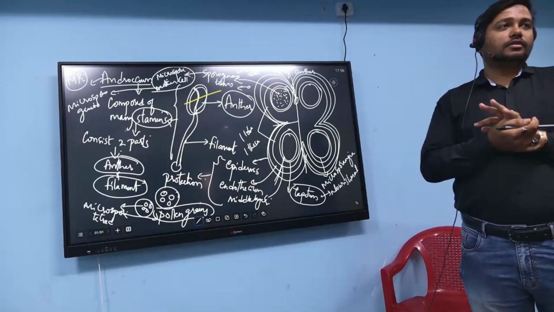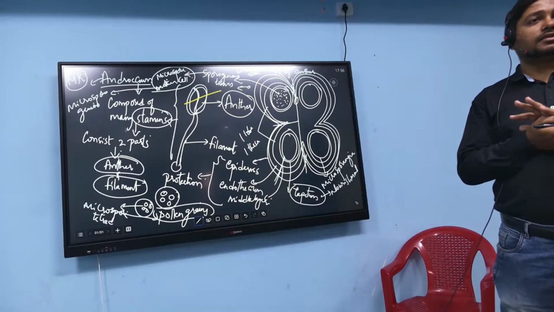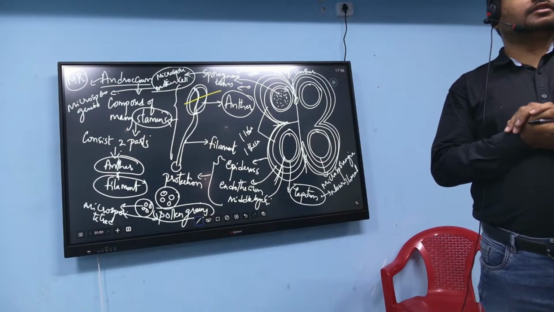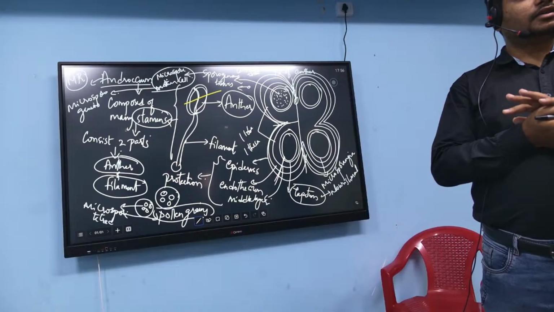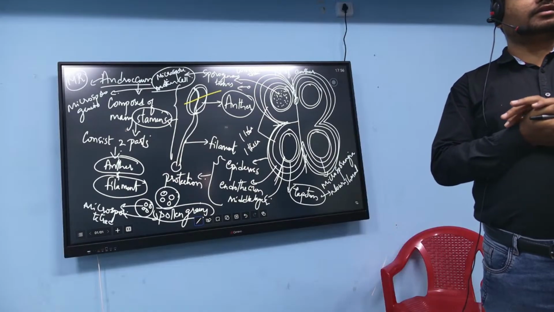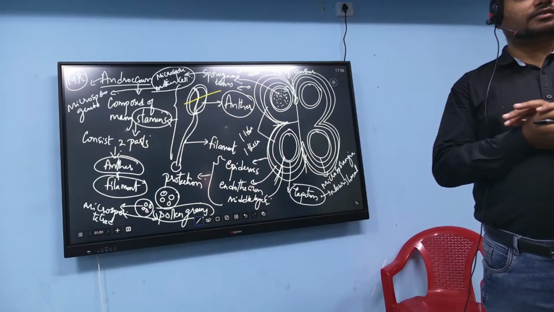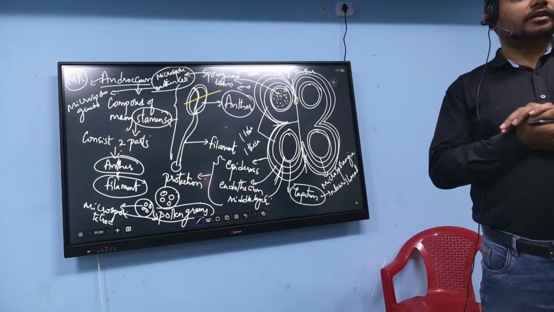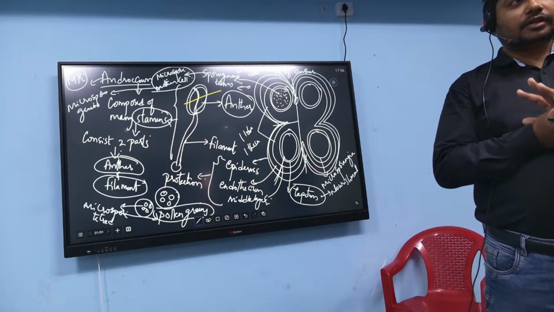No doubts? Androecium is composed of stamens, which consist of anther and filament. So how many lobes are there in the anther? How many theca? Four theca. One lobe has two theca, therefore dithecous in nature. Did you understand?